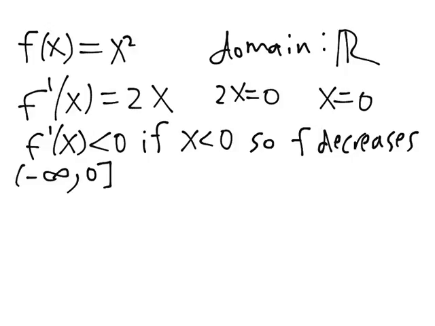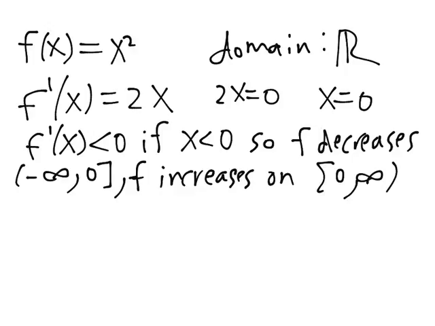Similarly, f increases on the interval 0, comma infinity, since 2x, or f prime of x, is larger than 0 whenever x is larger than 0. Since f decreases all the way up to x equals 0, and then increases after x equals 0, that means x equals 0 must be a local minimum.